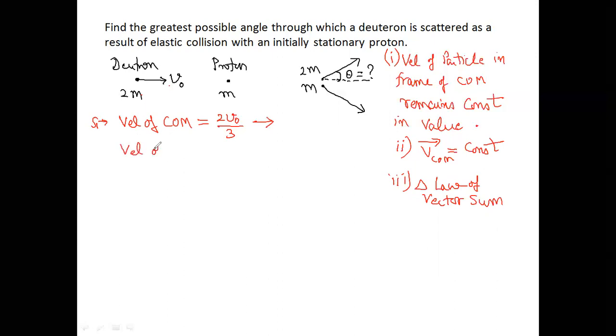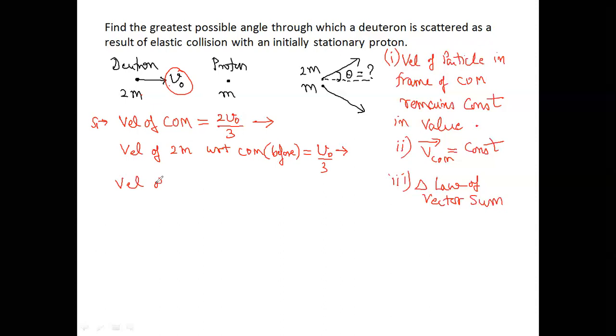Then the velocity of particle 1, which is 2m, with respect to center of mass before collision will be v0 minus 2 v0 by 3, which is v0 by 3 in the right side direction.